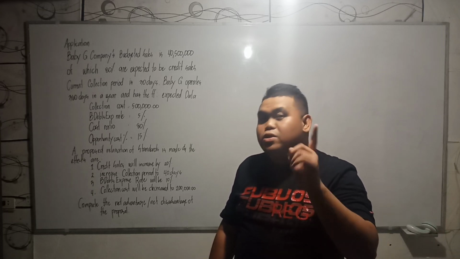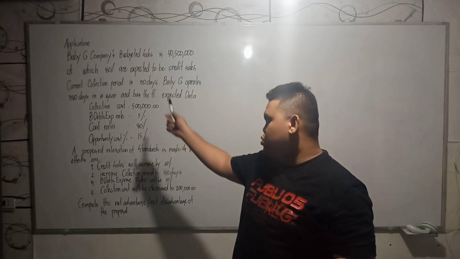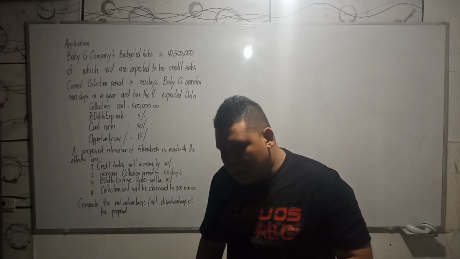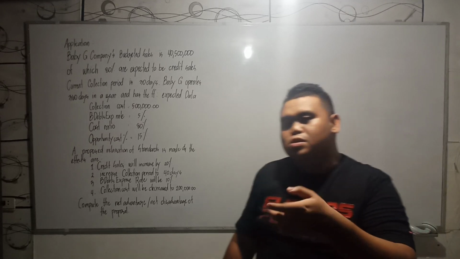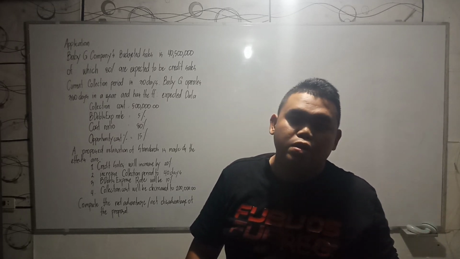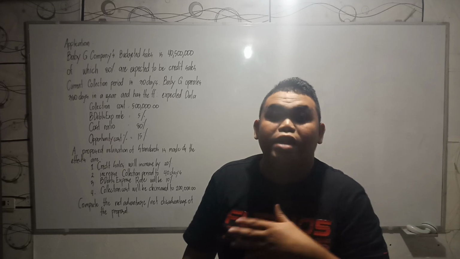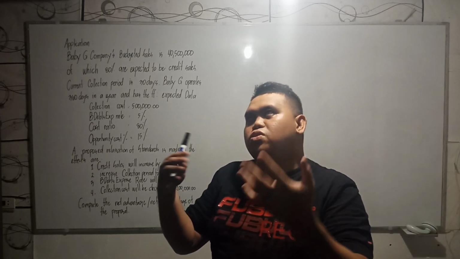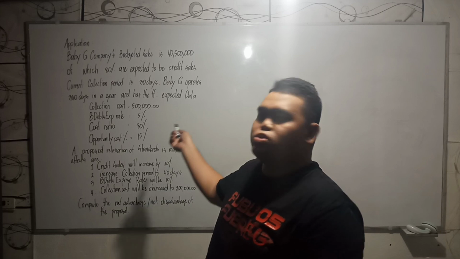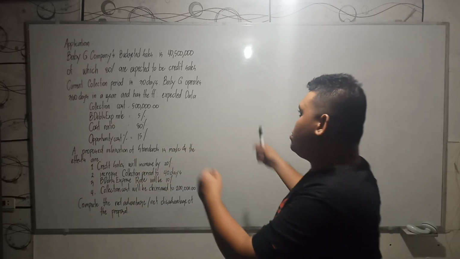Okay? So we will use that number one in the computation for this one. And number two, I've already told you also about a review on receivable turnover and the collection period or age of receivables in other books. So let's use those things to answer this question. And let's go to the question.